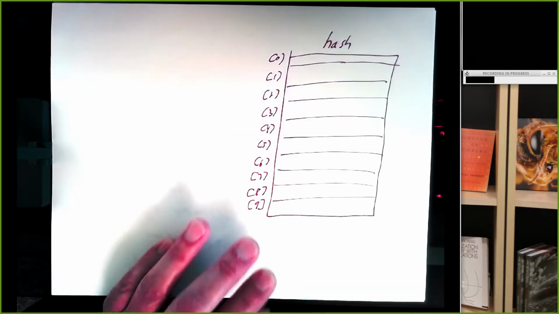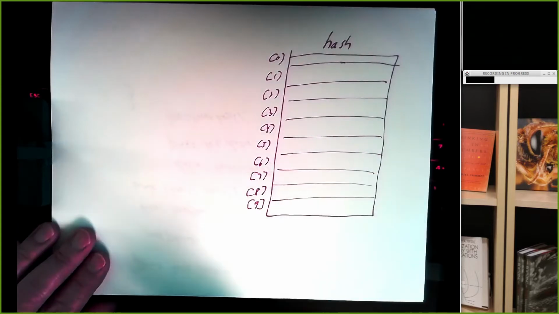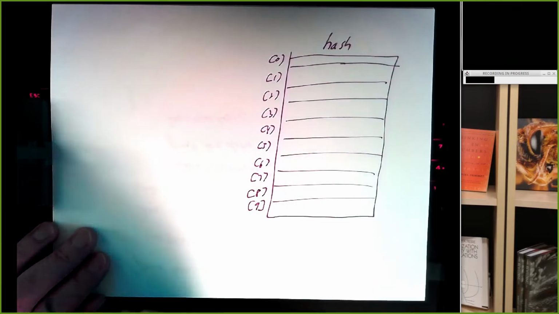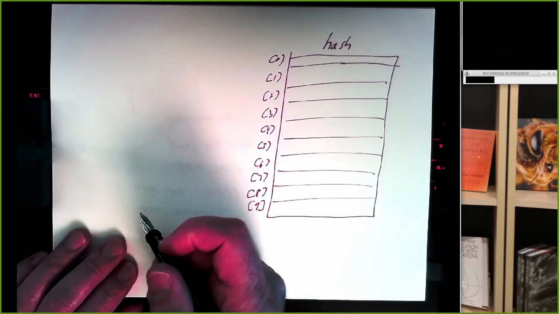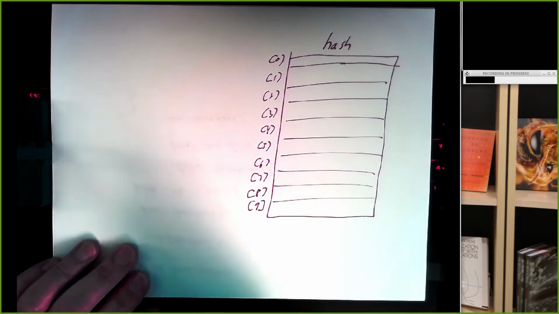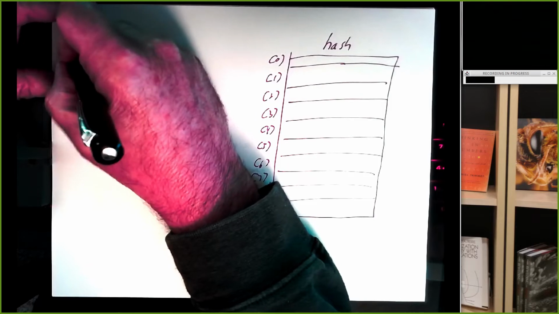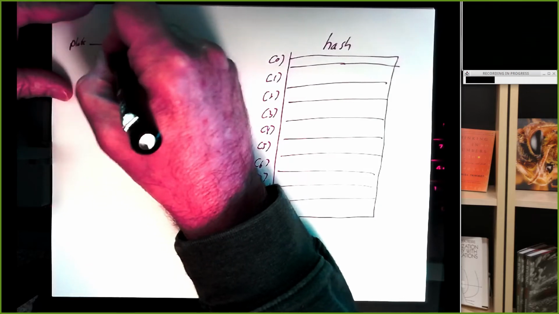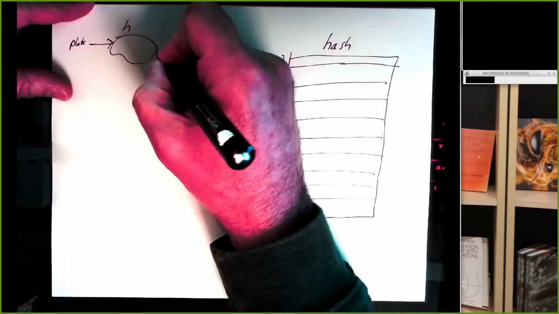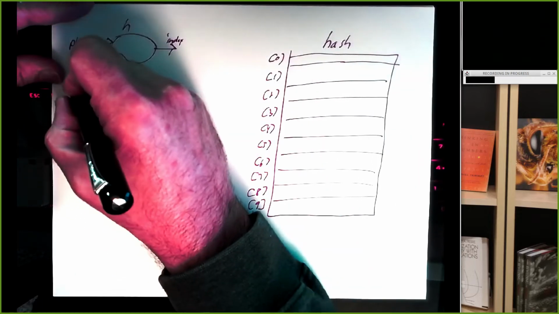So here's a tiny hash table. It only holds 10 things. And let's hash license plates by using the last digit of the license plate. Horrible hash function, right? But we have a plate, and we put it into our function h, and we get out an index.